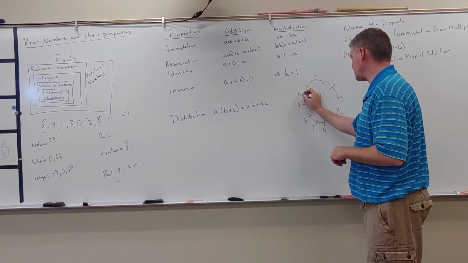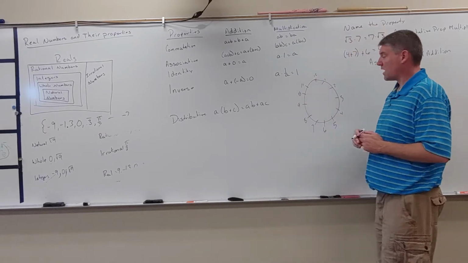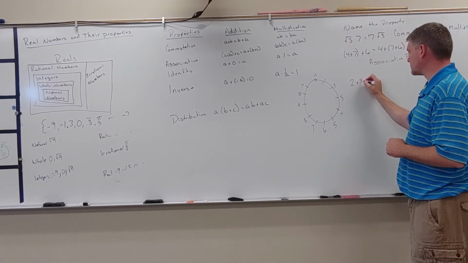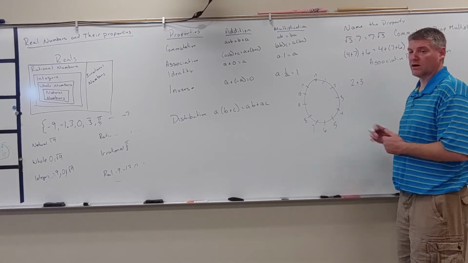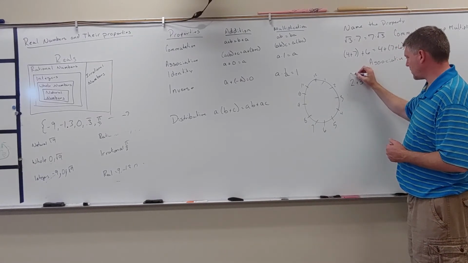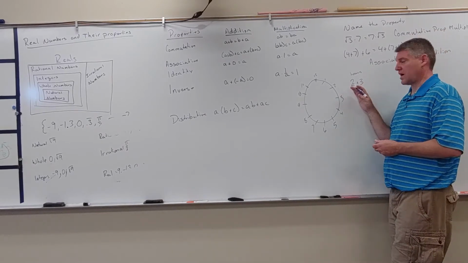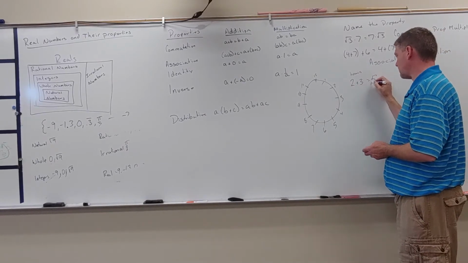Now, I can go 2 plus 3 here, right? Like, if I were talking about these being hours, 2 o'clock plus 3 hours, that's going to give me 5 o'clock.